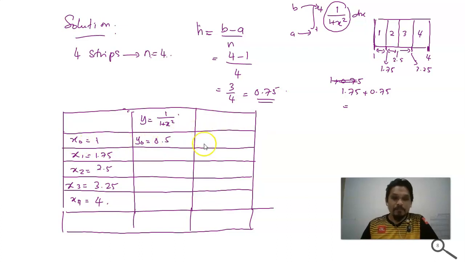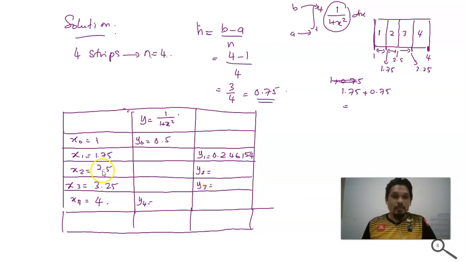And then we put y1 here, y2 here, y3 here, and the last x, which is 4, then y4, we put it here. For x equal to 1.75, substitute 1.75 squared plus 1 and 1 over everything. You may use your calculator, and this will give you 0.246154.